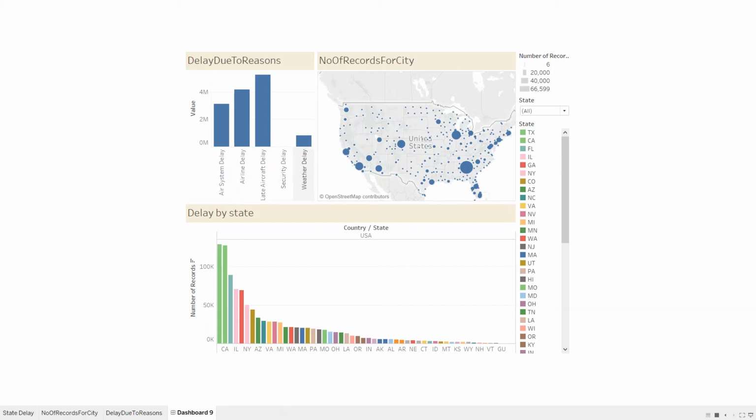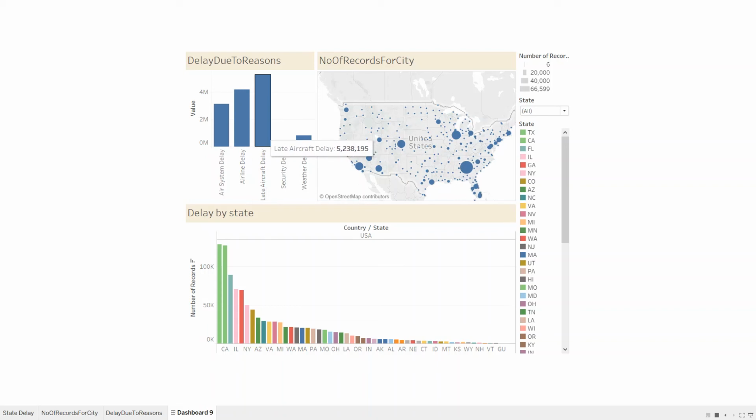These are all the different reasons for flight delays. From this chart we can see the highest blue bar belongs to late aircraft delay, which means that late aircraft delay as a reason is responsible for the highest delay value in our data set.